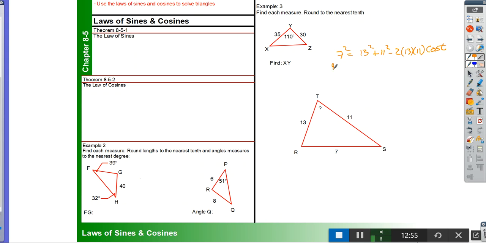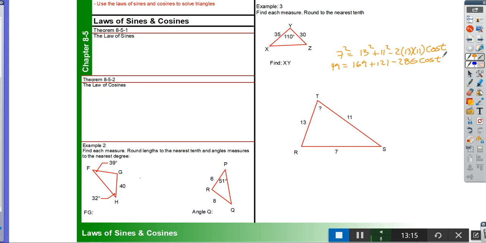All right, so we have 49 is equal to 169 plus 121 minus, so that's 143 times 2, so that is 286 times the cosine of t. All right.